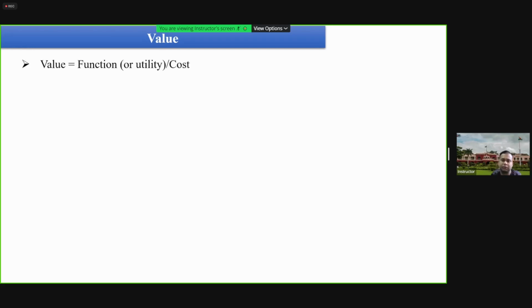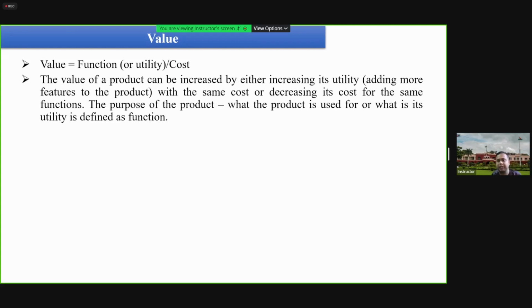So we provide more functions at the same cost, or the same number of functions or features at a lesser cost. That will increase the value of our product. Either we increase the functions or utility of the product at the same cost, or we decrease the cost while keeping the same functions.